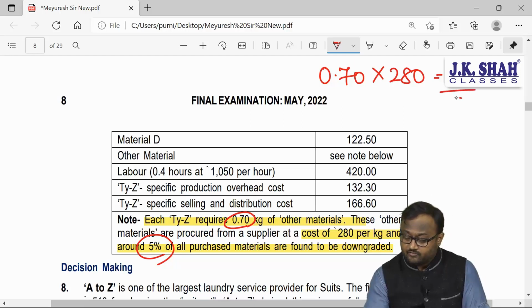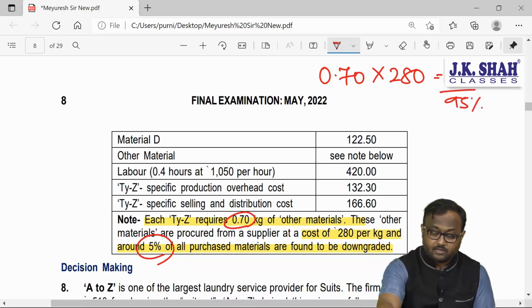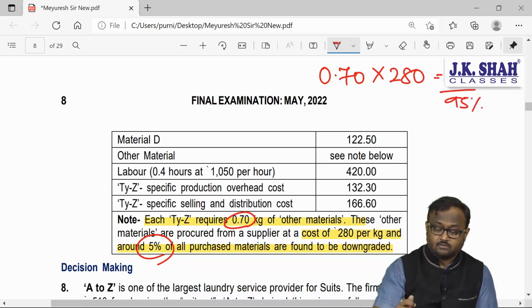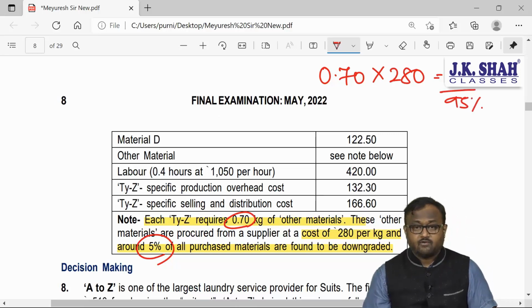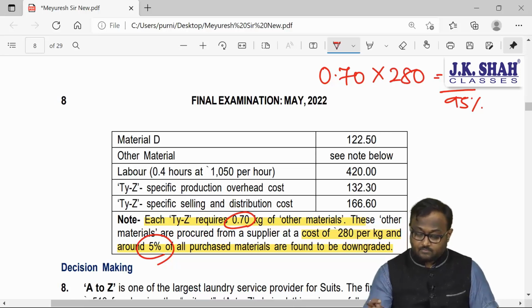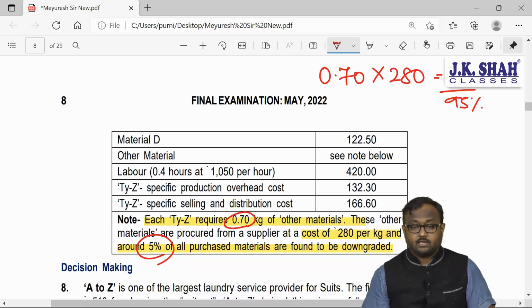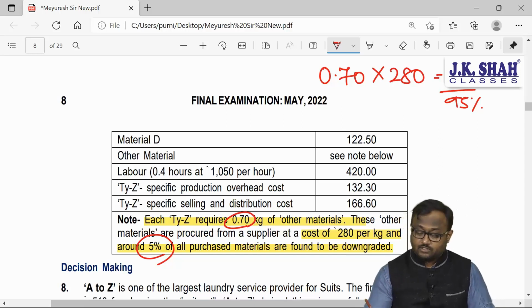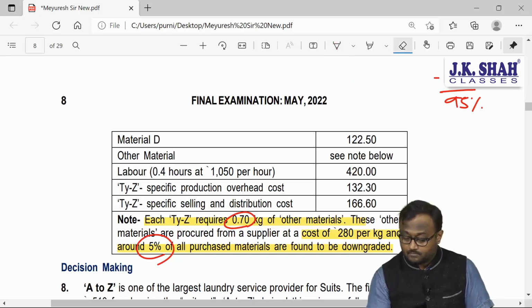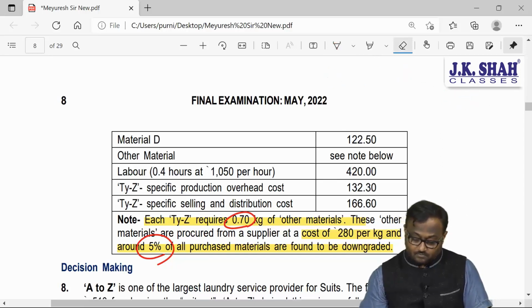So this is 95% of what my requirement is. If this is going to be my requirement, I need to buy more than that. You understood this? Okay. 5% of all, this is discussed.